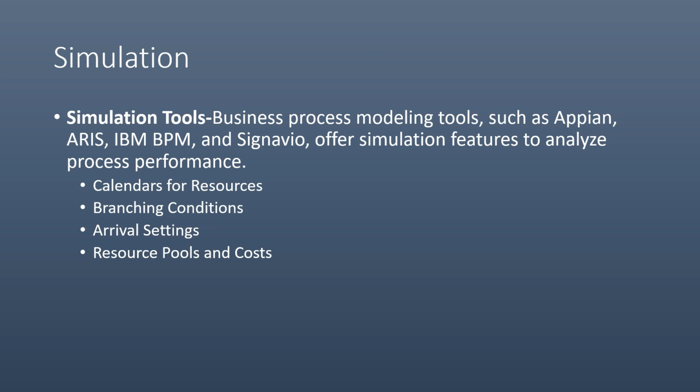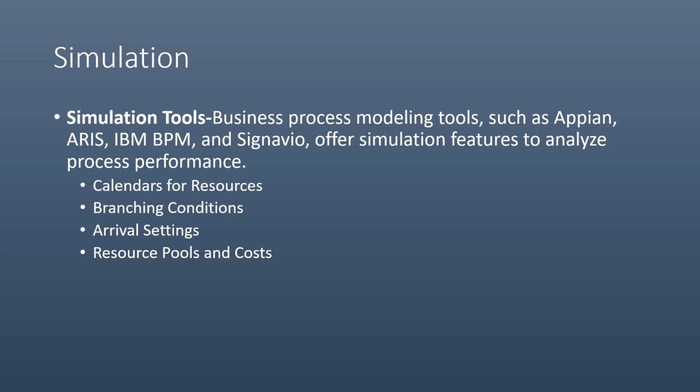Branching conditions: advanced tools can use Boolean expressions to define specific conditions for decisions, for example loan amounts, directing workflow paths. Then arrival settings: tools vary in arrival settings, letting users specify either an average arrival rate or inter-arrival time.